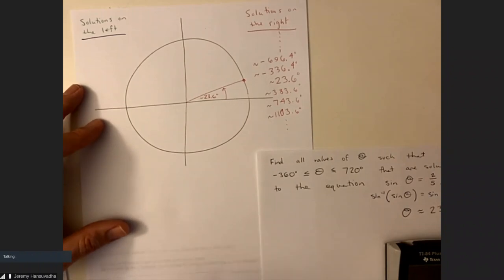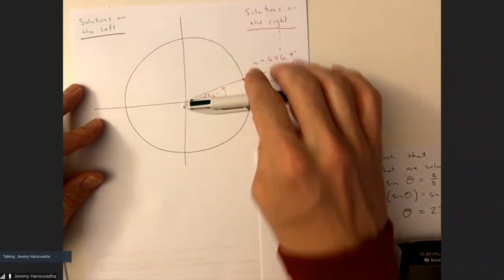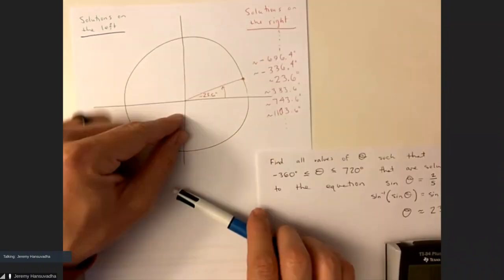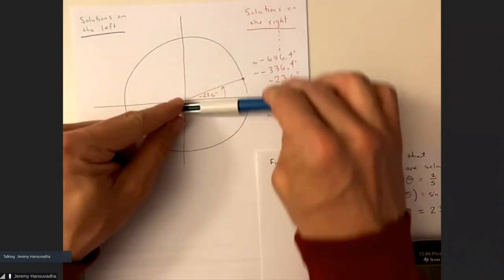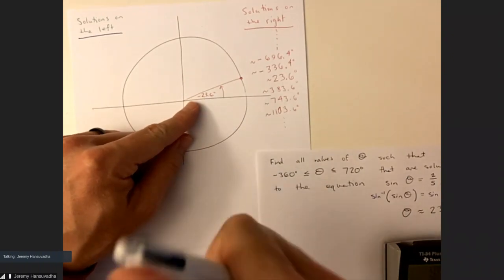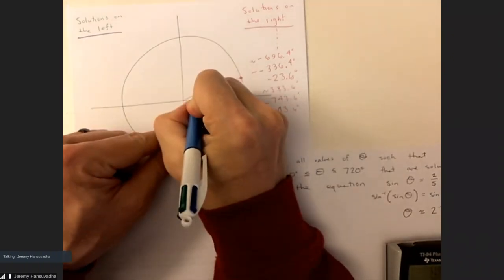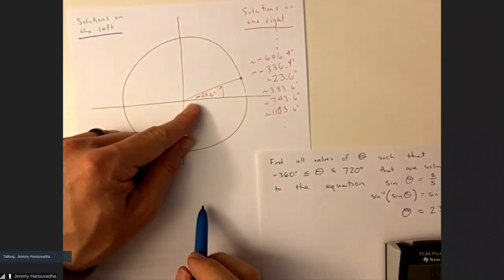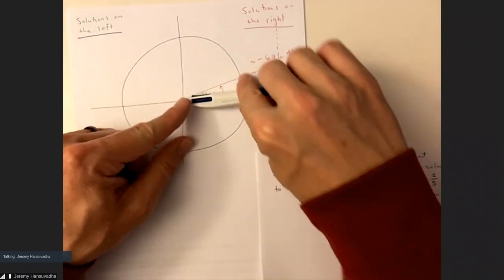Let's see, so now we need to use symmetry. So this is that much above the x-axis. How far above the x-axis is that? It's approximately, and that's not a negative, that is an approximately, 23.6 degrees above the x-axis.